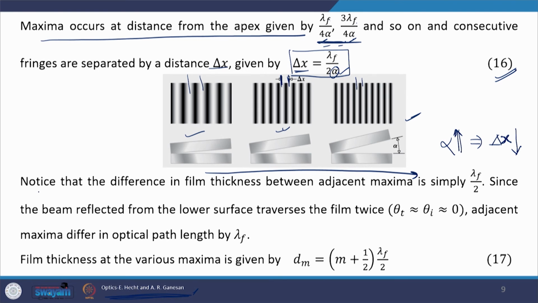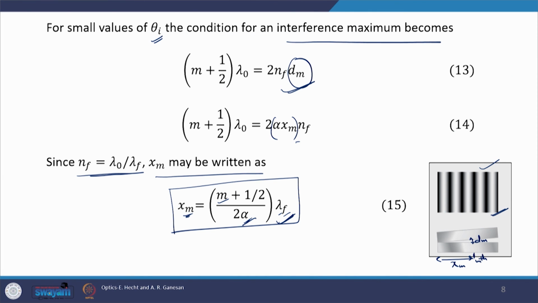Now, notice that the difference in film thickness between adjacent maxima is equal to lambda f by 2. If we move from one maxima to another maxima, d varies by only lambda f by 2. Once you can calculate d from equation number 13.